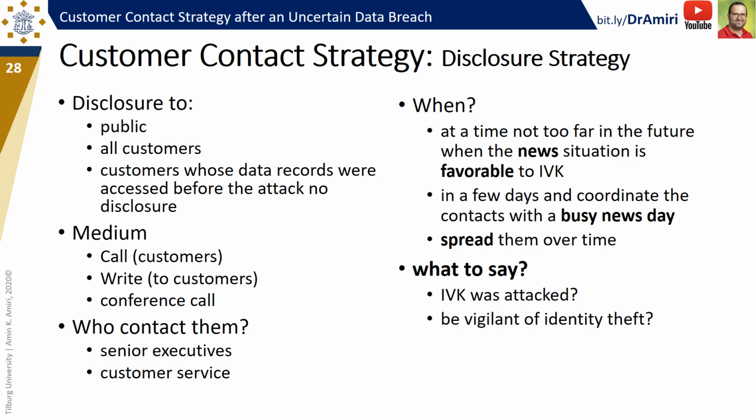You also need to specify the medium for that disclosure. Are you going to call customers, write to the customers, or have a conference call to disclose to the public or to all customers?